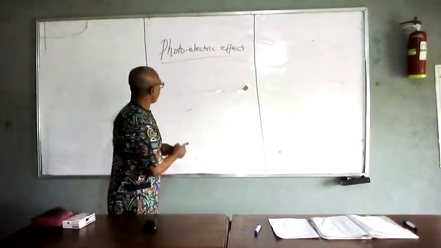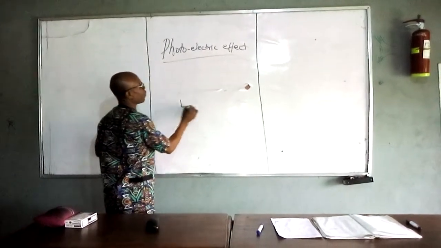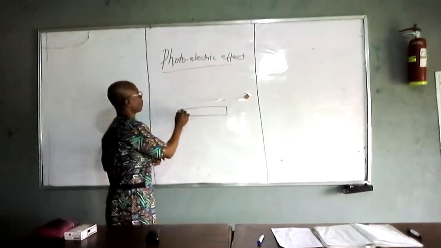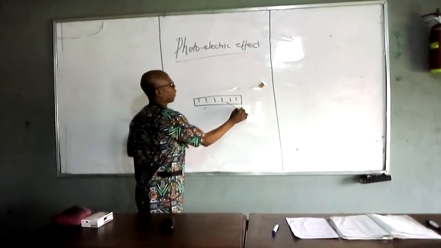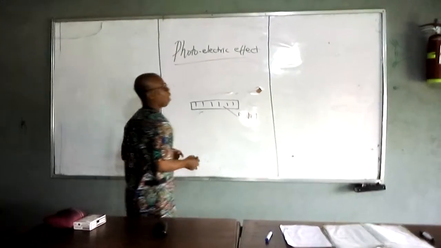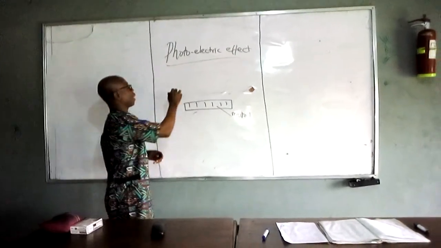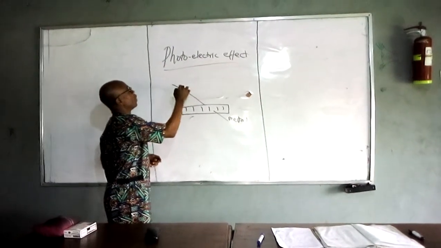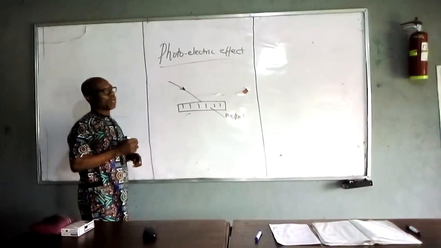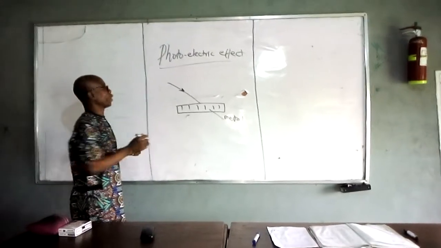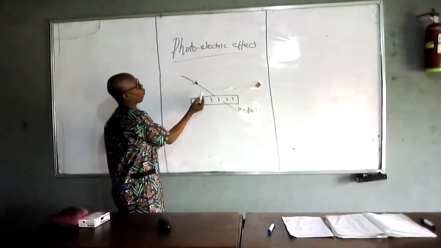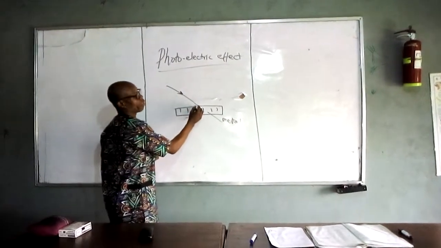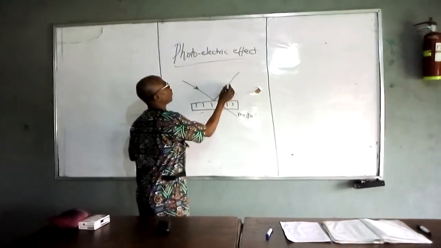Take for example, if you have a metal, let's say iron, and you release light energy, incident ray here, that has sufficient frequency. When this light falls on this metal surface, electrons can be released.